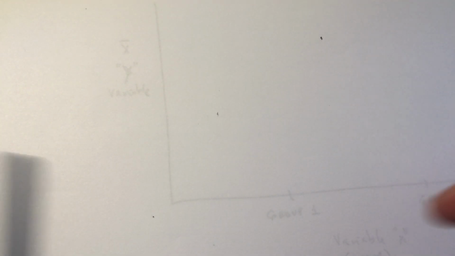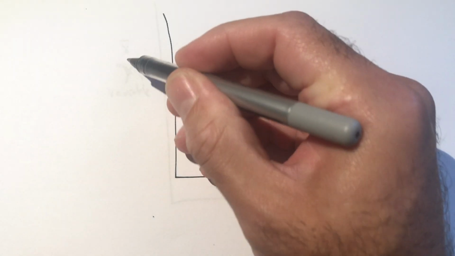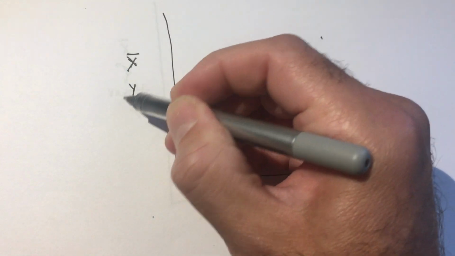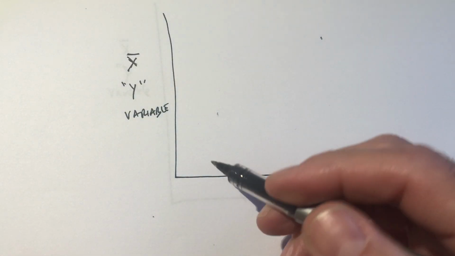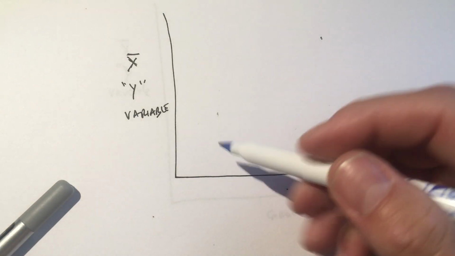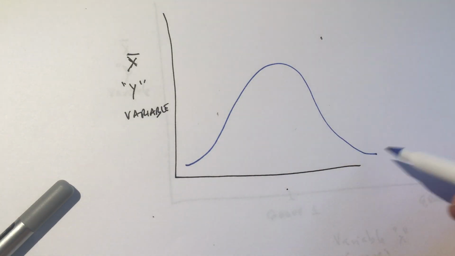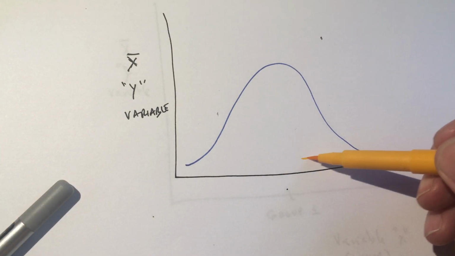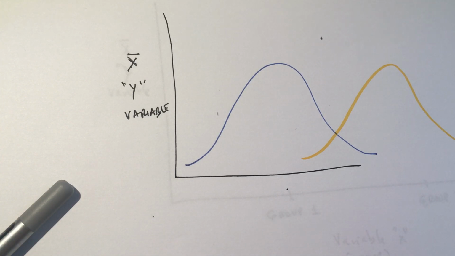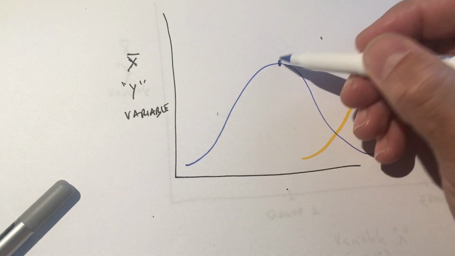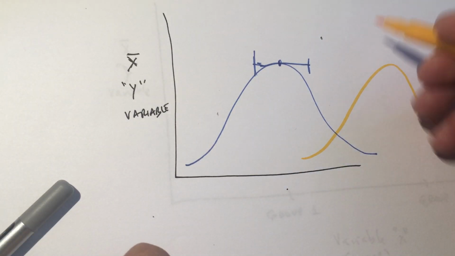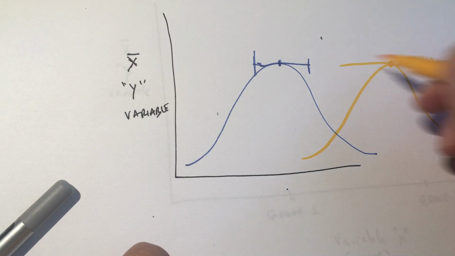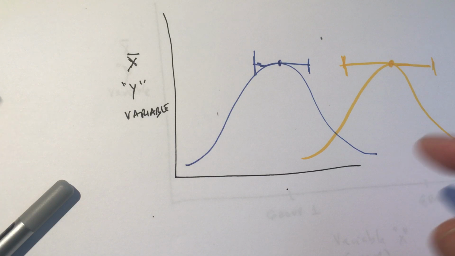Let's go back. We have our graph, the mean of the y variable, and then we put the values of group 1 and the values of group 2, and we see that the confidence intervals do not overlap, but one is actually a higher value.